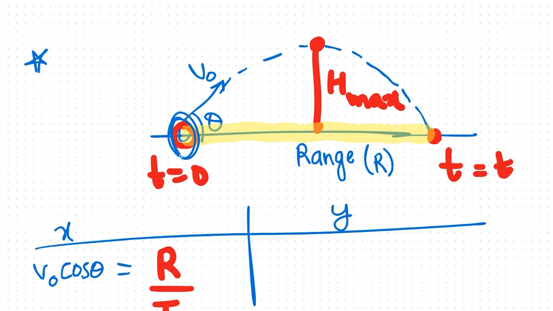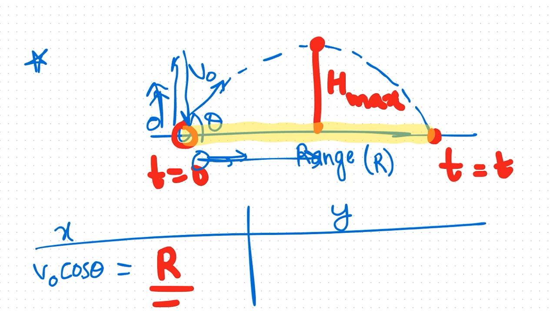Instead of assuming the entire ball is moving like this, one component moves like this, one component moves like this. It's the same as assuming there is a small ball moving in this direction, another ball moving in this direction. One ball goes up and comes down, while the other ball goes like this.